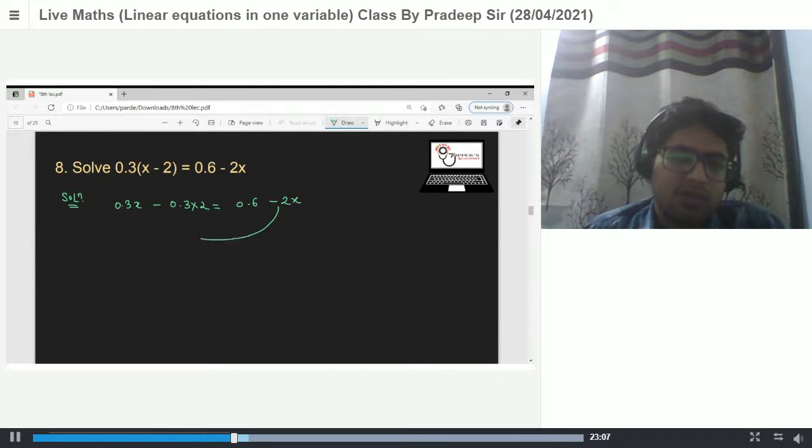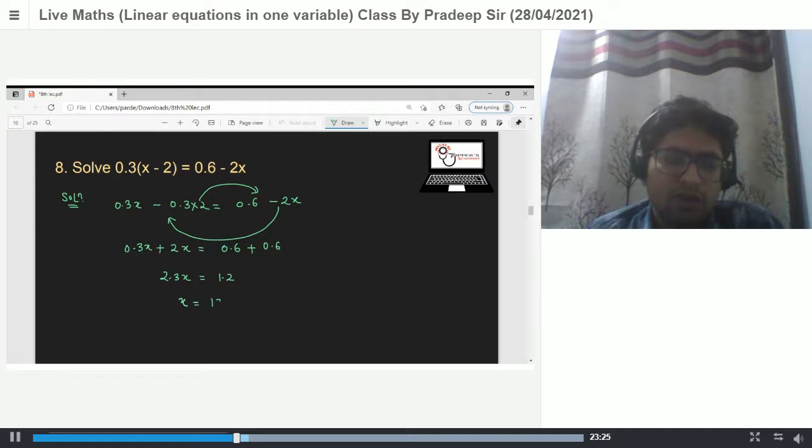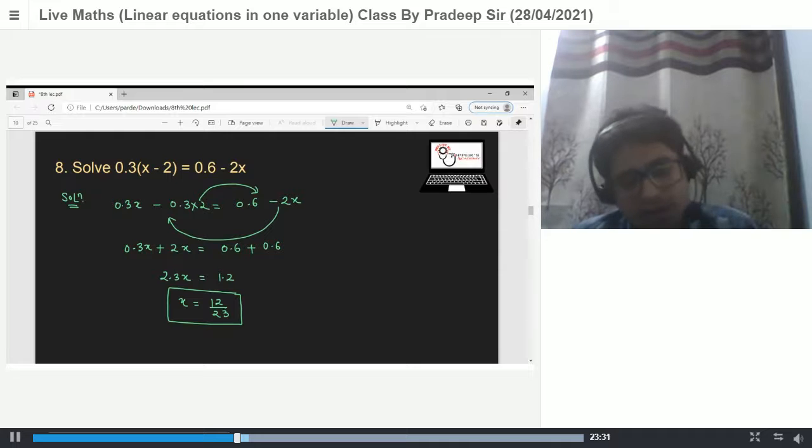Shift 2x to the left hand side and this quantity to the right hand side, we will get 0.3x plus 2x is equal to 0.6 plus 0.2, and 0.3 into 2 is also 0.6. So 3x is equal to 1.2, so x is equal to 12 by 23. So this is your answer.